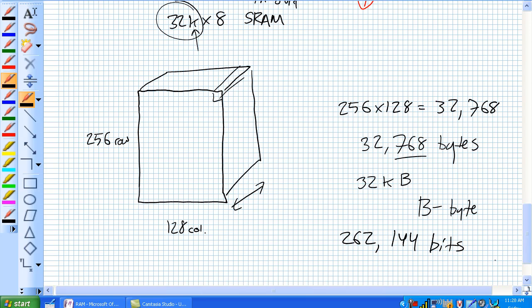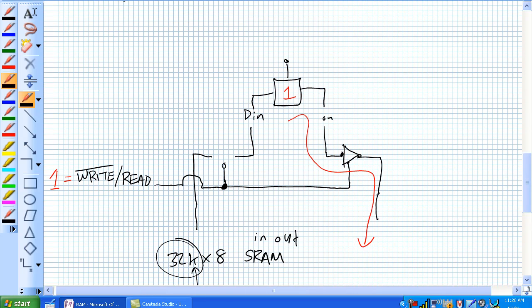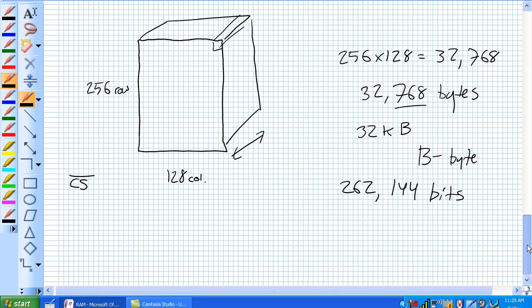Additionally, along with the 256 by 128 3-dimensional asynchronous SRAM here, there are some other individual commands, particularly our chip select, which we did not discuss right here. All we discussed was our write and read. There's a write enable and an output enable.